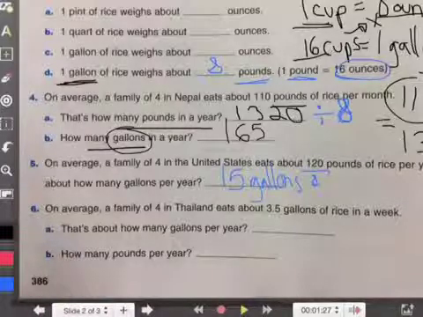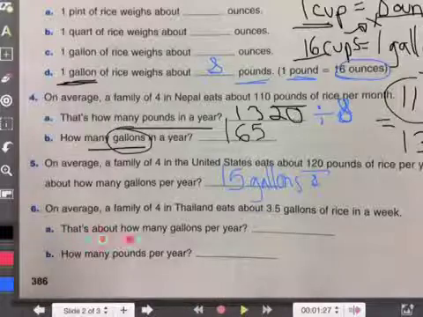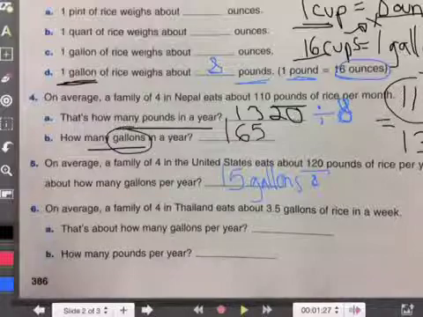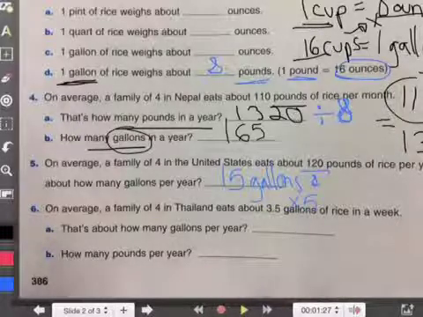Okay. Continuing. On average, a family of 4 in Thailand eats about 3.5 gallons of rice a week. That's about how many gallons per year? Well, we have to know how many weeks there are in the year. So we have 3.5 gallons per week. There are 52 weeks a year.